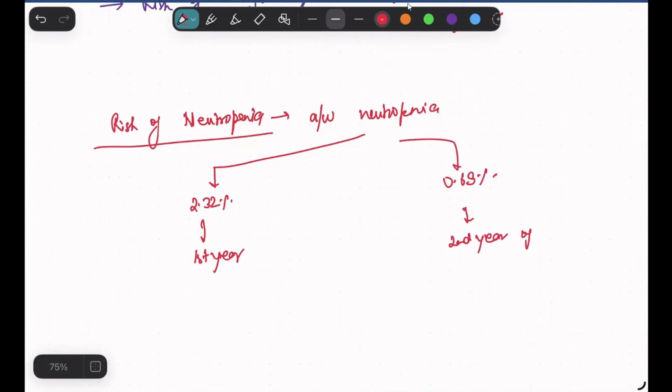Easy to remember: the risk of agranulocytosis during the first year was 0.73%, and in the second year only the 7 shifts to the second position, that is 0.07%. For neutropenia, it is 2.32% in the first year and 0.69% in the second year.